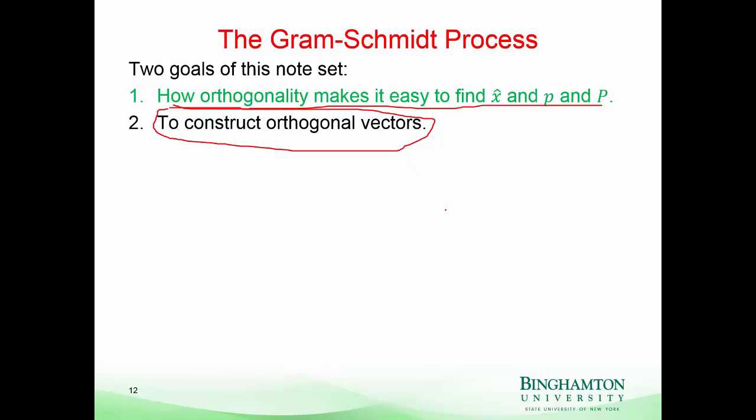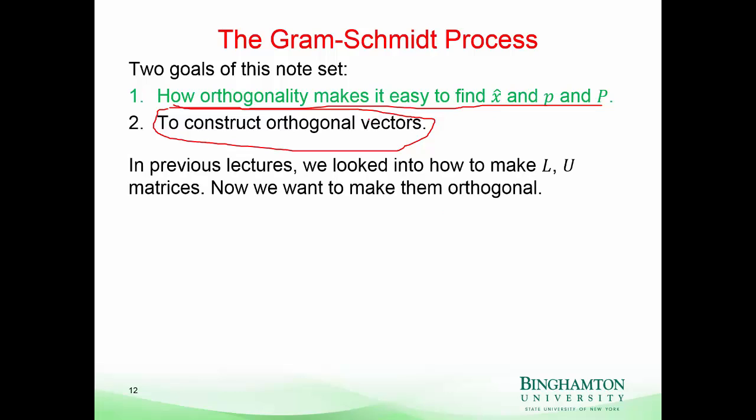So if we're given a bunch of vectors that span a subspace and I want to project onto that subspace, those given vectors may not be orthogonal. But if I can find an equivalent set of orthogonal vectors that span the same subspace, I can replace my given vectors with this new set, and because they're orthogonal, the process of projecting will be that much easier.